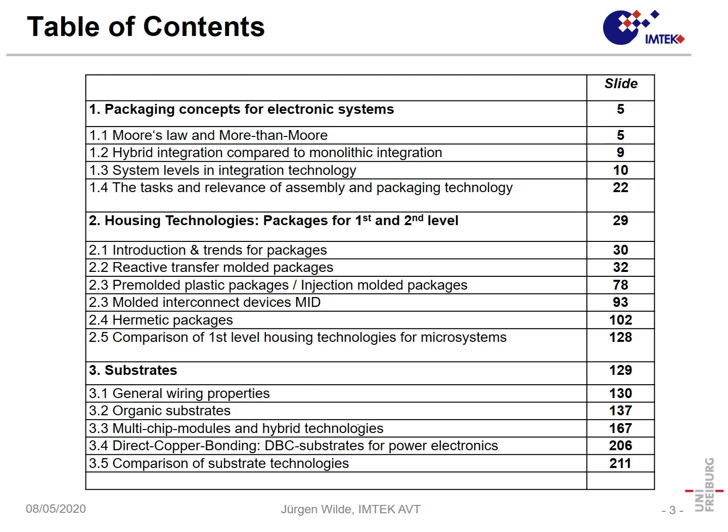And there are especially housing technologies, and these houses, as I said, will be mounted on certain substrates. For the housing, there are quite many technologies, and we must learn about these.